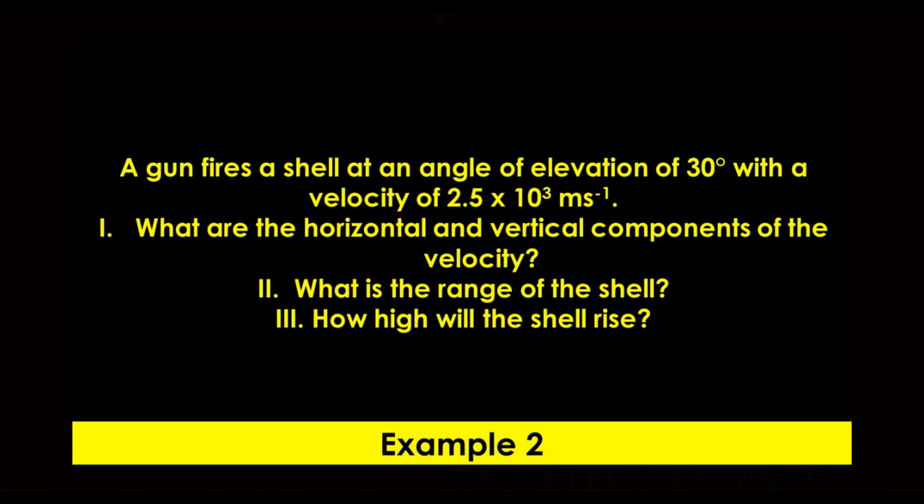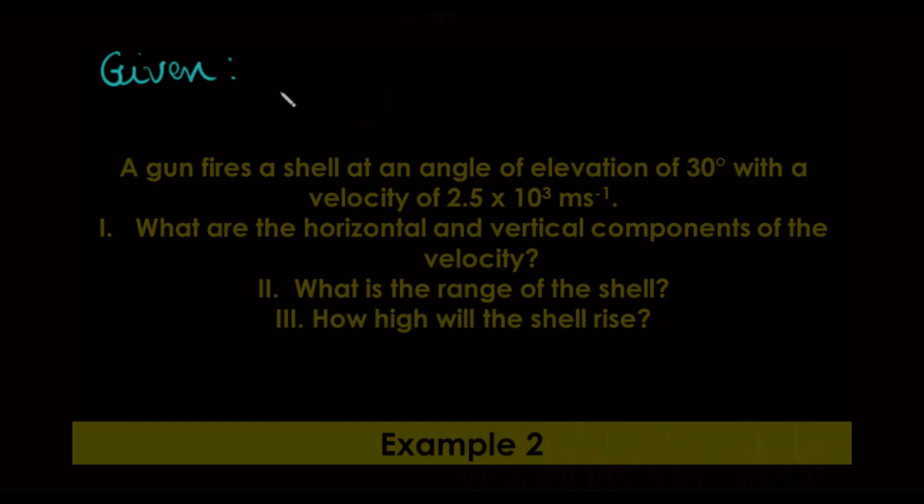In this question, you are given the angle of projection theta to be 30 degrees and the initial velocity u to be 2.5 times 10 raised to power 3 meters per second, and we are asked to find the horizontal and vertical components of the velocity.